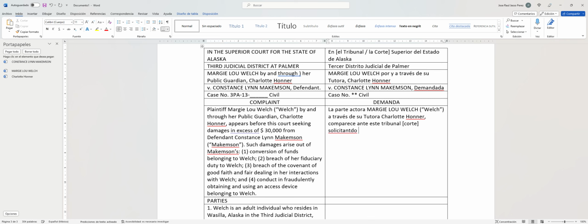Solicitando daños en exceso de $30,000 de la demandada, and we will use the name of the defendant.